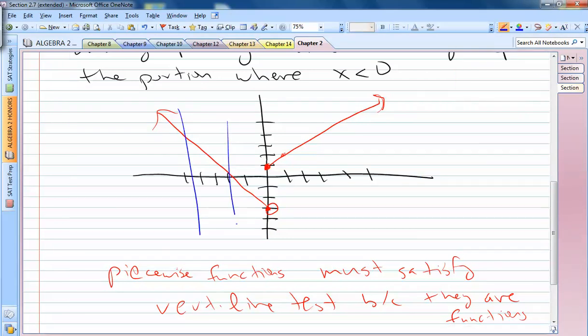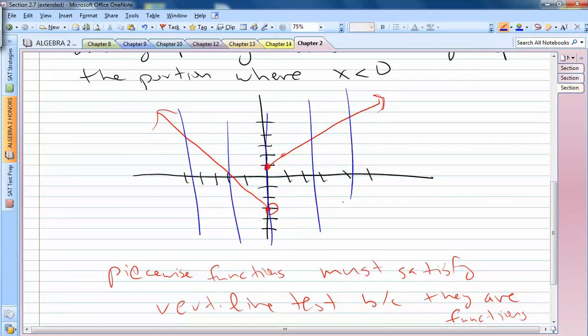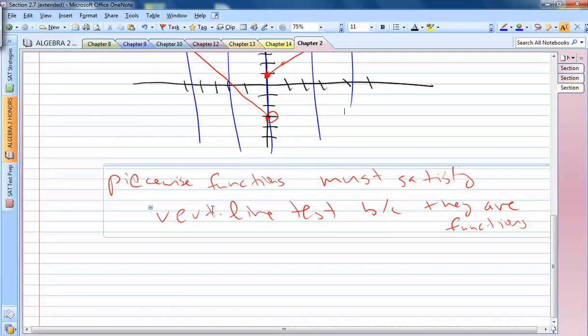So if I drew vertical lines all over the place, it never crosses more than once. Even if I draw it down the y-axis, notice how it crosses one of the graphs because there's a point included, but there's a hole in the other one. So this way, it's still okay.